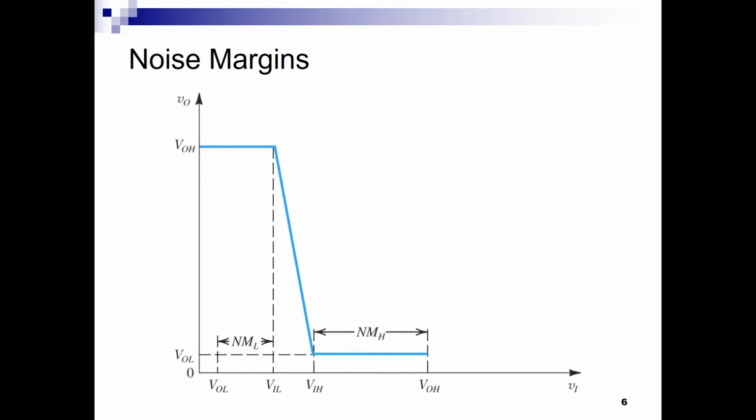But I need to start defining some more terms that will guarantee that my operation goes properly. Okay, meaning I looked at the input, and I said I know my output will be VOH and VOL, and this one is logic 0.